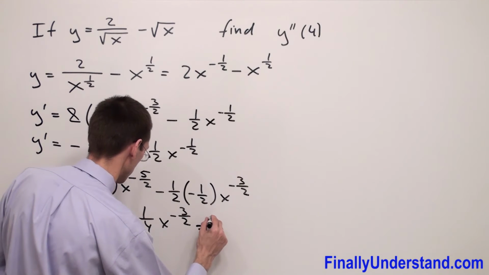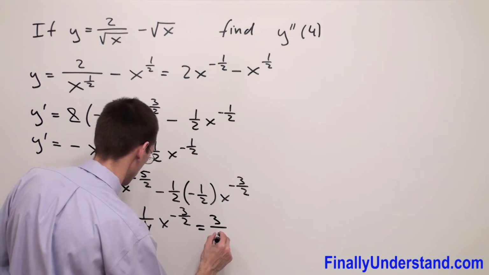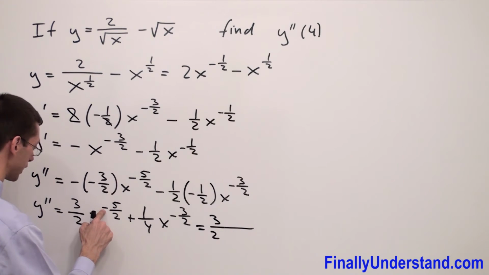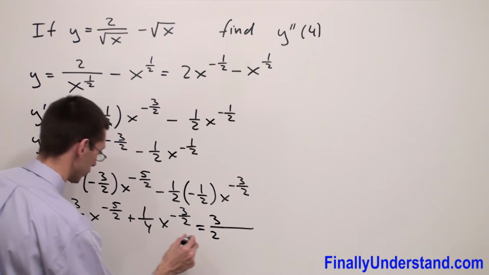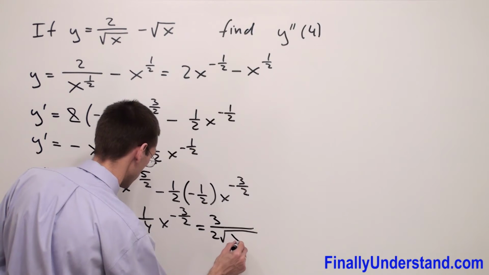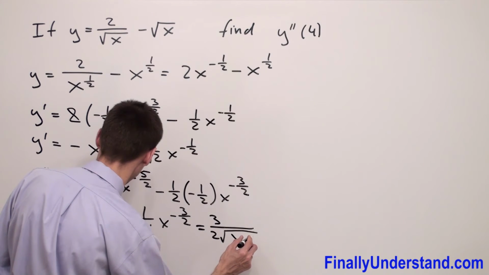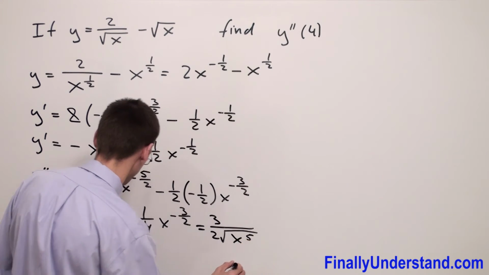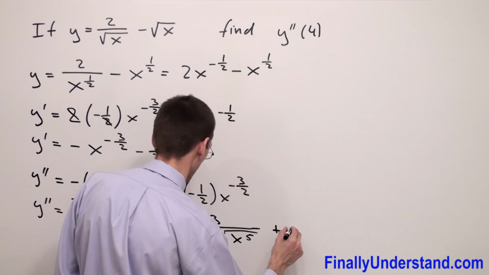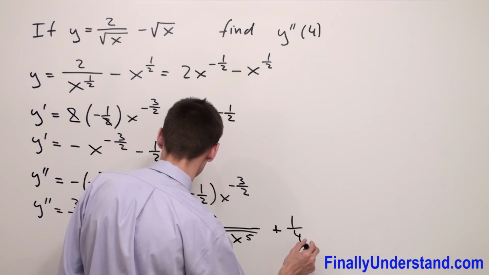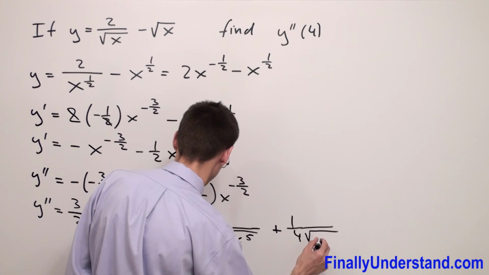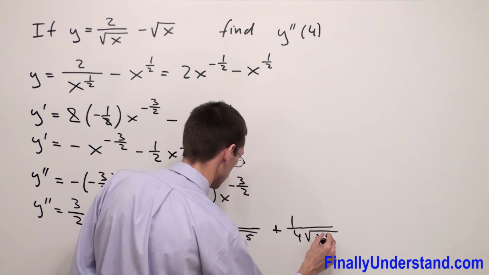So I have 3 over 2, and I have a negative exponent, that's why I'm going to have the square root of x to the 5th power in the denominator, plus 1 over 4, and I have the square root of x to the 3rd power.